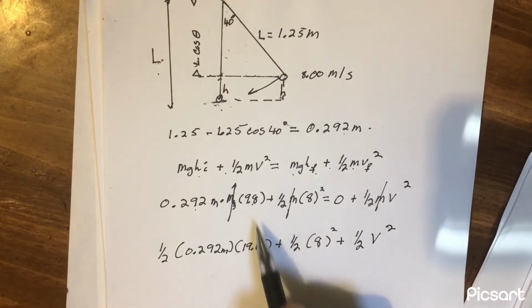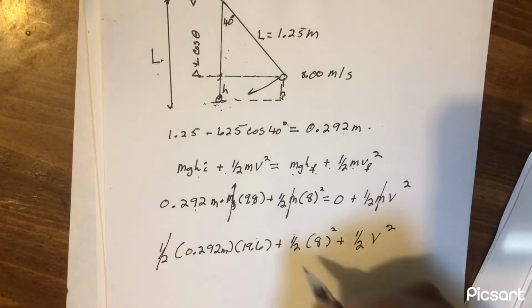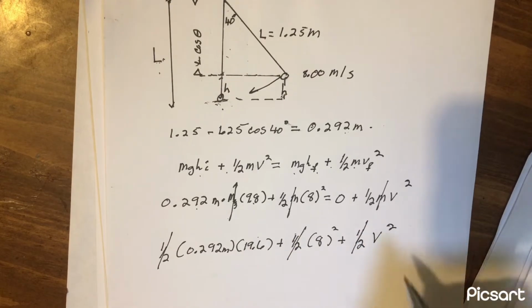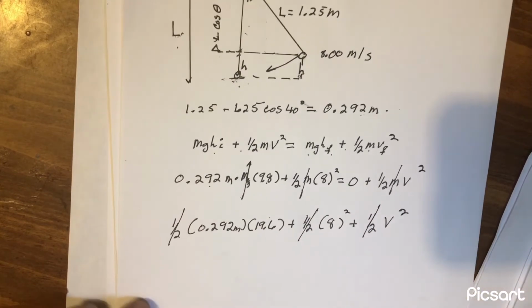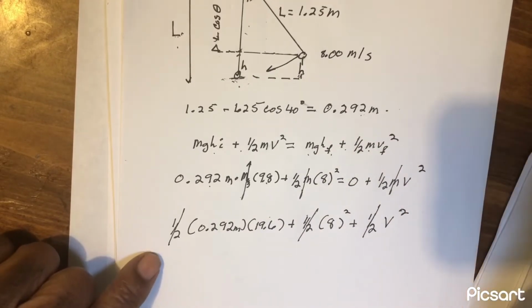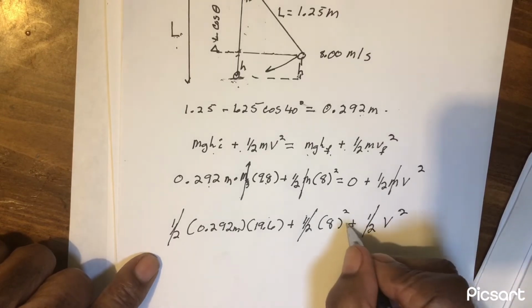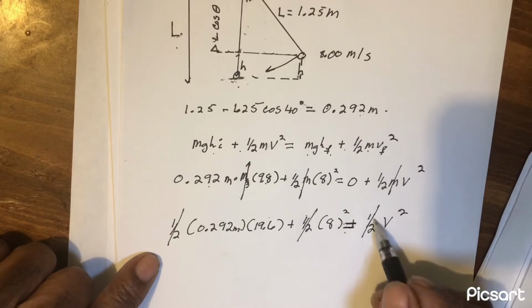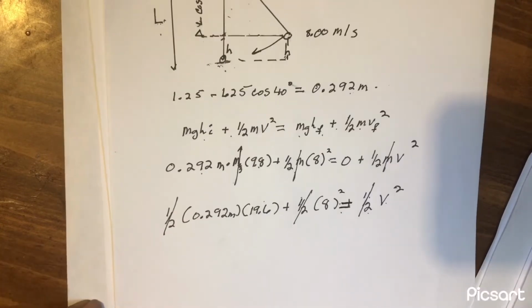Since we doubled this, we can cancel all the 1/2s, just to clean it up a little. And we have this should be equal, from here, equals 1/2 v squared.